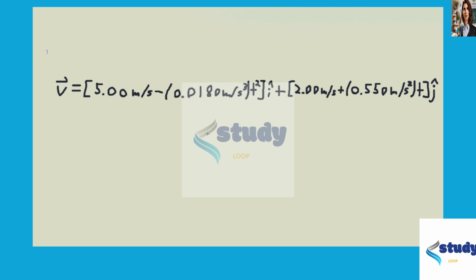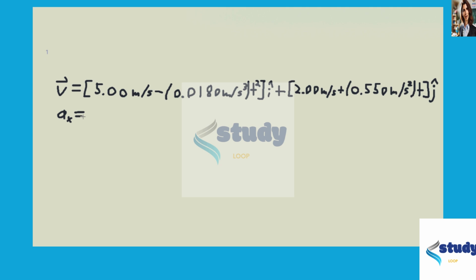So what we need to do is take the velocity function and calculate acceleration. In order to calculate acceleration from velocity, we just take the derivative of the velocity. So we want the x and y components of acceleration. We want ax, so we'll calculate ax first.